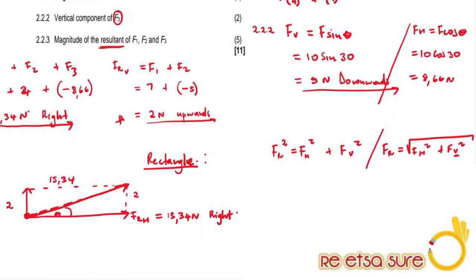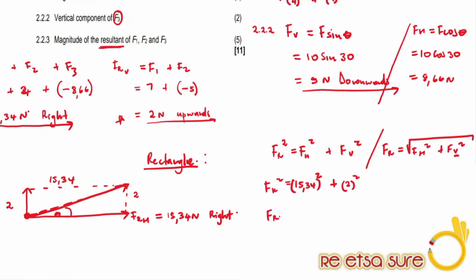Okay, so now let's check what is the force on the y-axis, or what is the force on the x-axis. The force on the x-axis is 15,34. So meaning here I'm just going to put 15,34 squared plus what is FV. FV here is 2 squared.